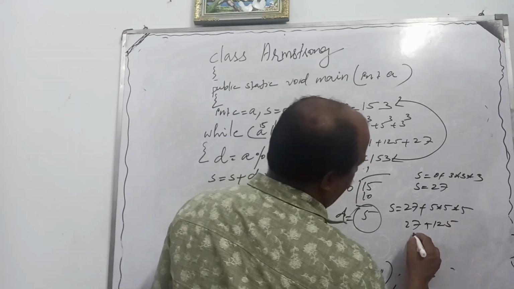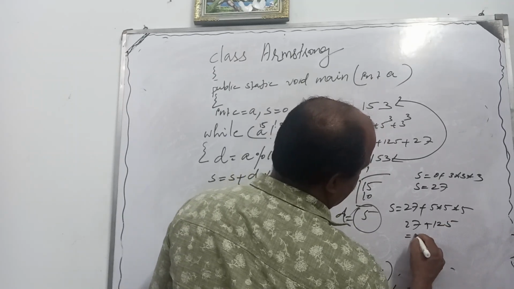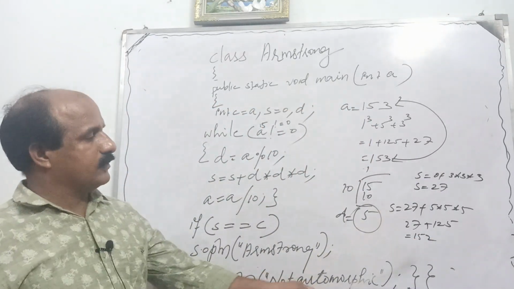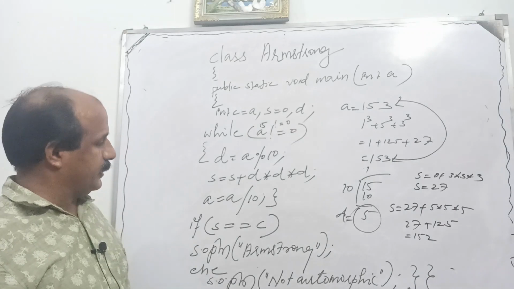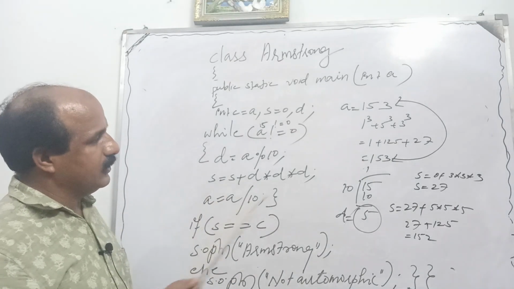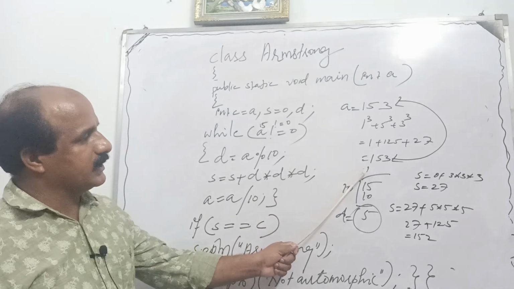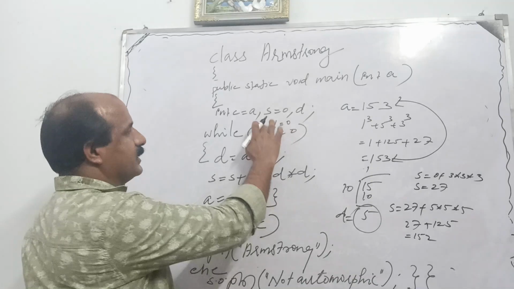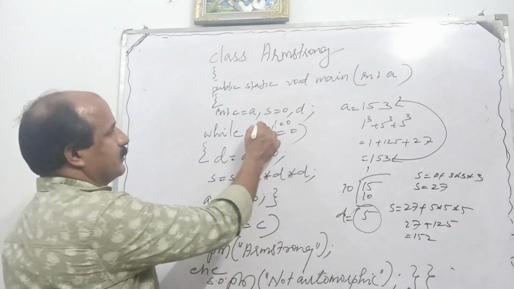What will be the answer? 152. Okay. What is the new value of S? 152. Now A is equal to A divided by 10. See, A divided by 10 means what is it? 1. So A is not 15, it is 1 now.